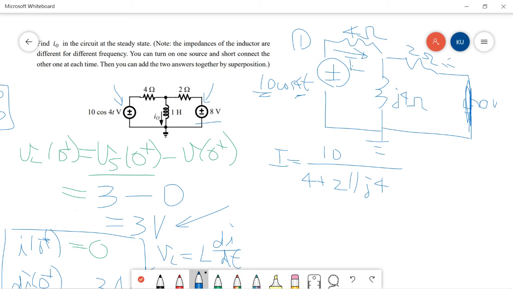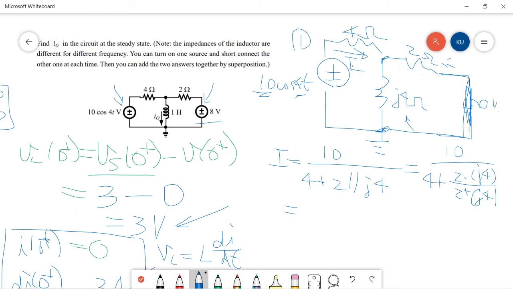This is 2, this is j4, they are in parallel, because this node is connected together, this node is connected together. So this 2 ohm and j4 ohm are parallel. So in this case, we have 4 plus 2 times j4 over 2 plus j4.